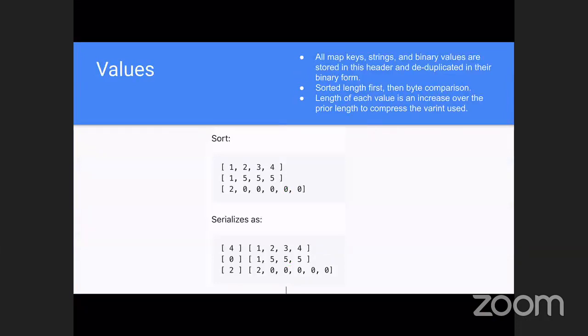We do the same thing with the values. We take all the values, we sort them first by length and then by byte comparison. When we store them in that values header, we put the length in front, but we put the increase in the length. So if you look at this, this is 4 because it's increased from 0, and then it's 0 because this one is only 4 again, and then 6 length gets 2.